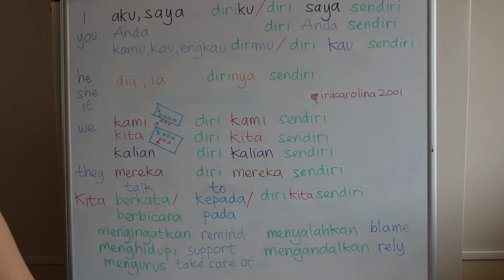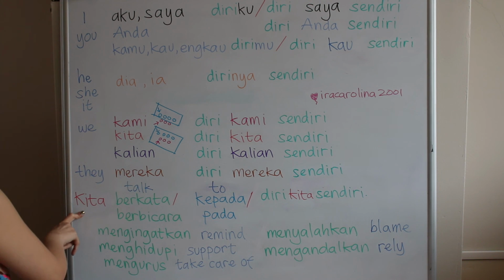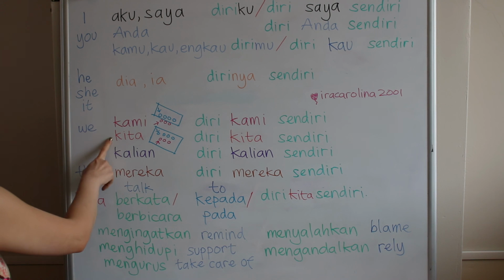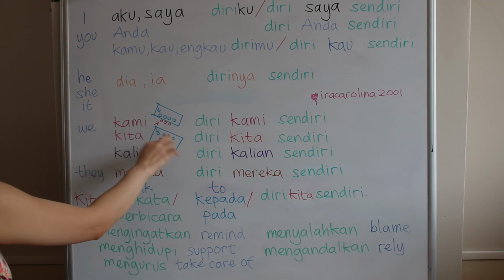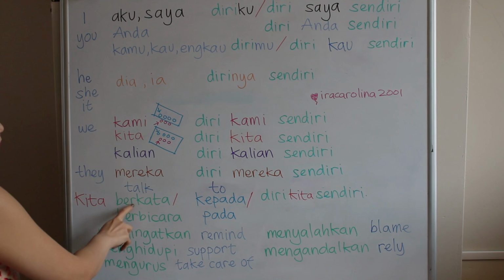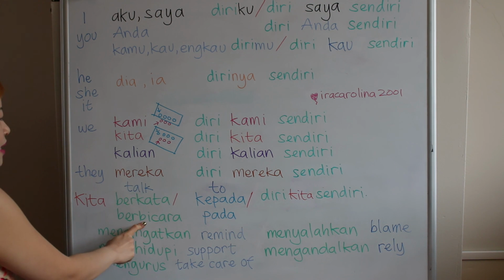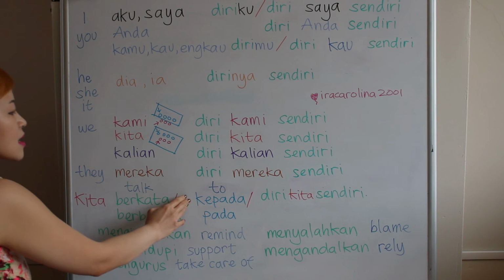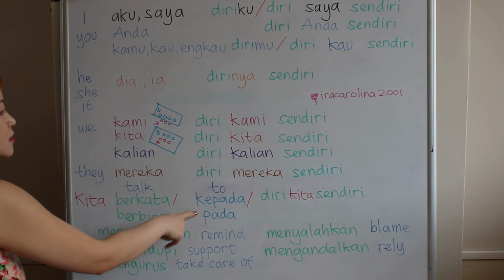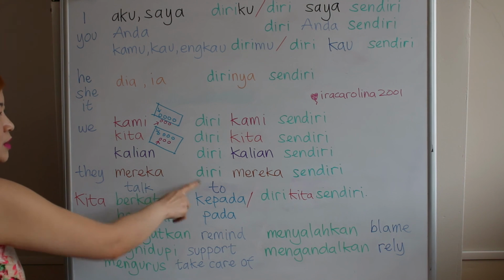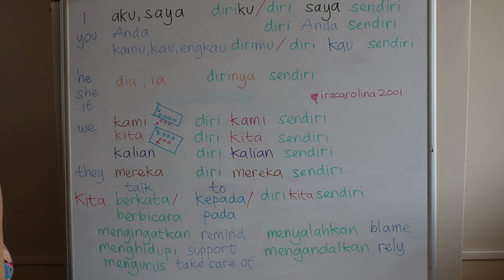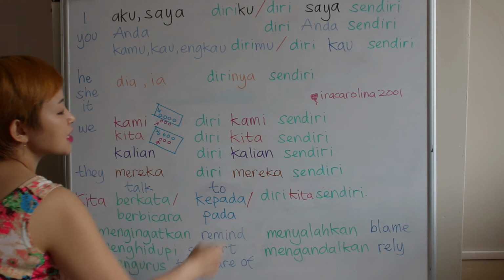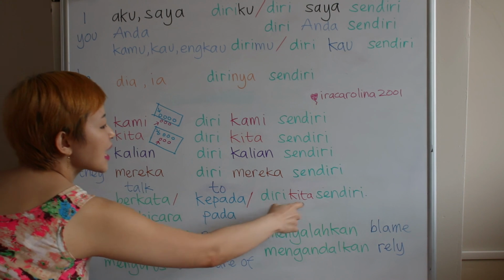Yeah, we try to do this one. Kita, we, but all. Berkata or berbicara, talk. Kepada or pada, to. We talk to ourselves, diri kita sendiri.